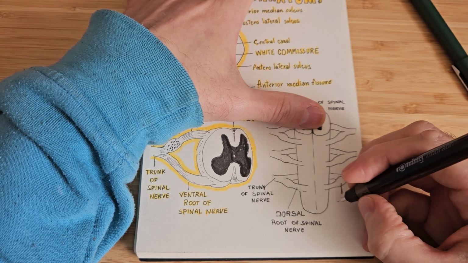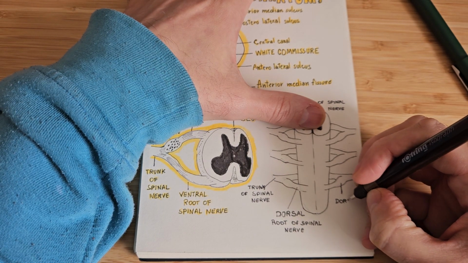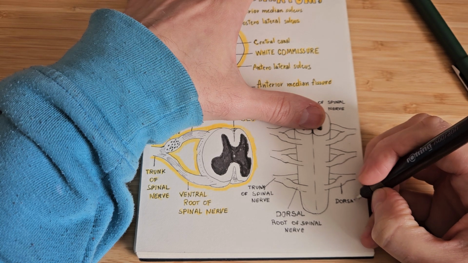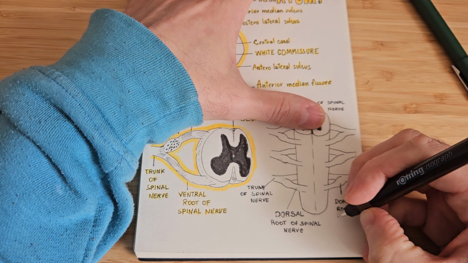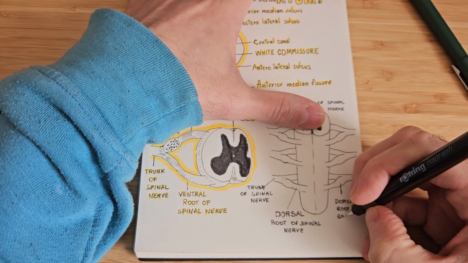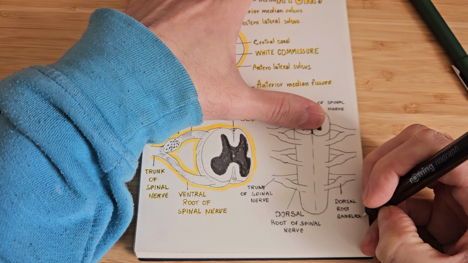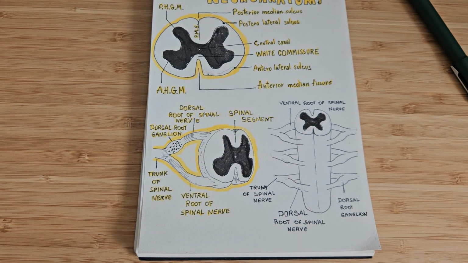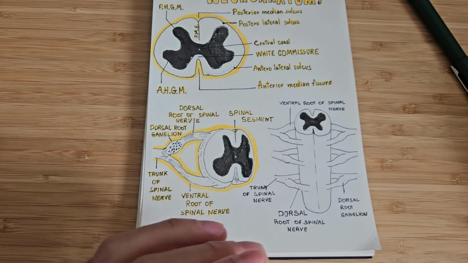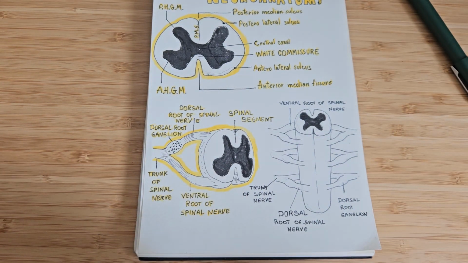And this one is the dorsal root ganglion. So this is what I have for you. Let me just paint now.